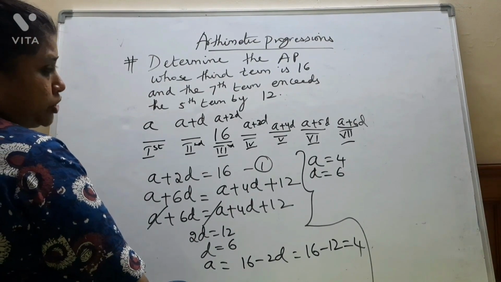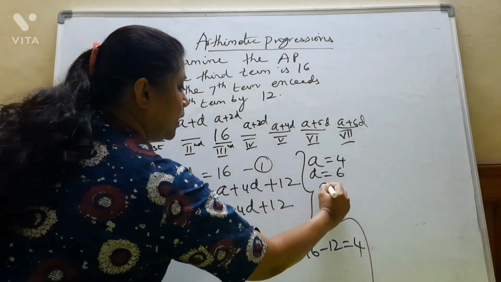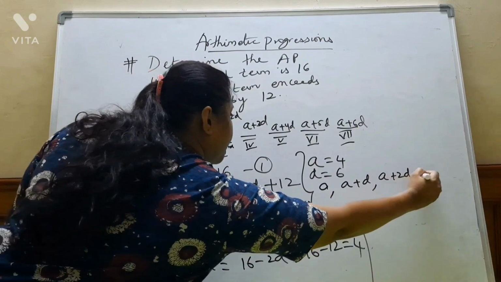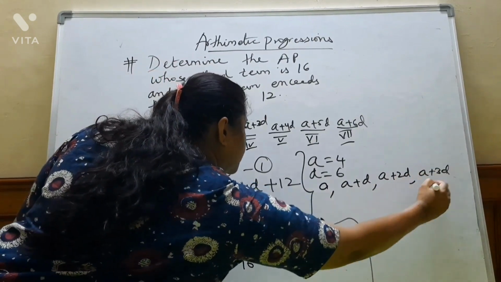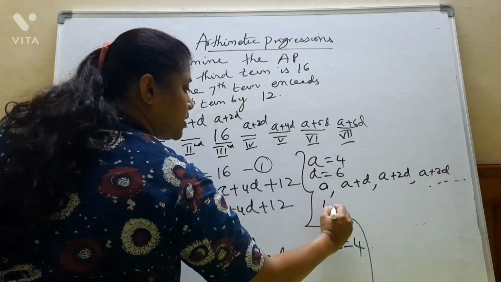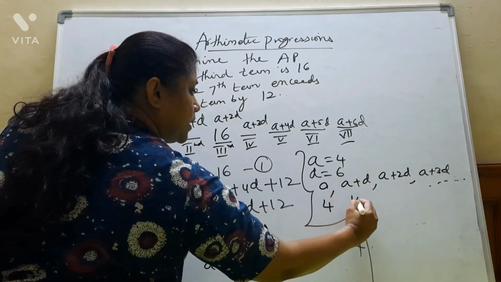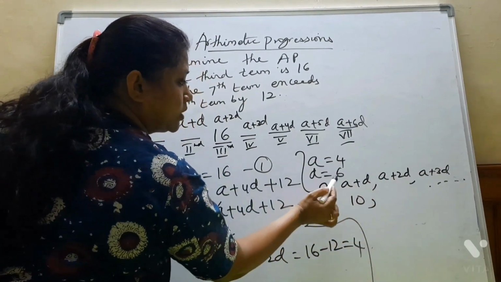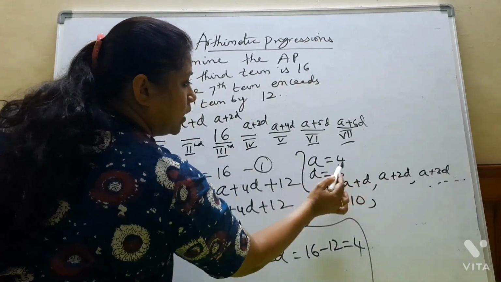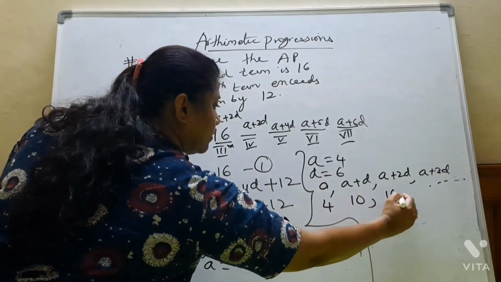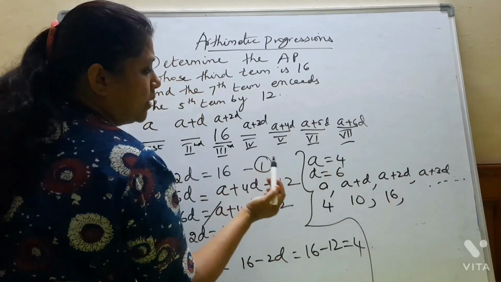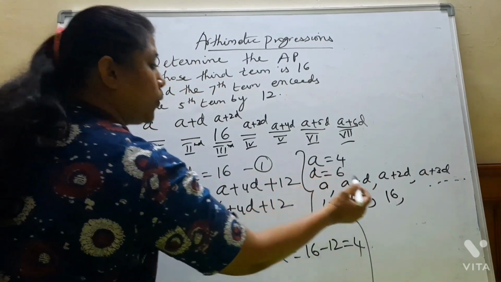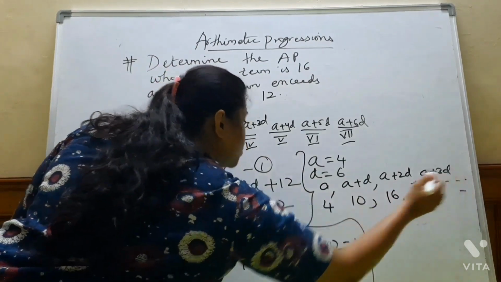So from here I would say 4 plus 6 is 10 and A plus 2D will be how much? 2D is 12. 12 plus 4, 16. Next A plus 3D will be how much? 6 times 3, 18. 18 plus 4, 22.